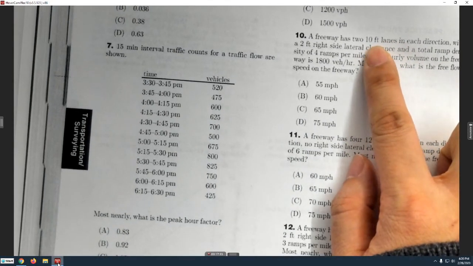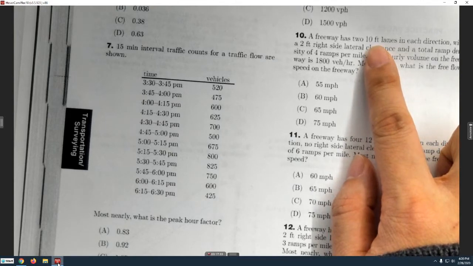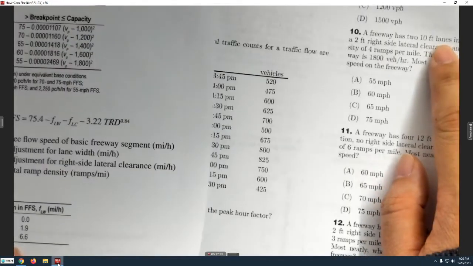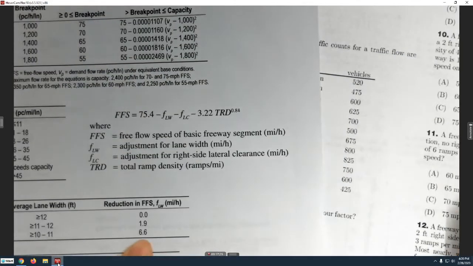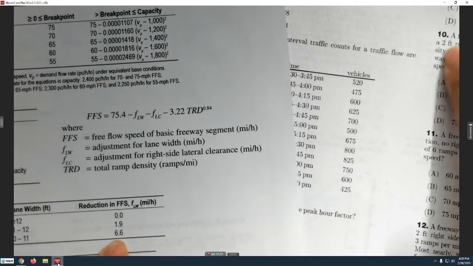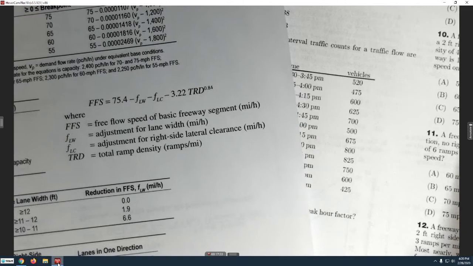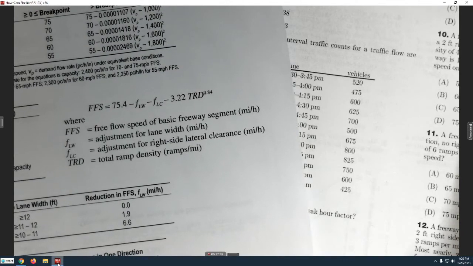For a 10-foot lane, you need to find the lane width adjustment. In this case it is 6.6, right? 6.6. And then 2-foot right side lateral clearance, so you want to find the right side lateral clearance adjustment.